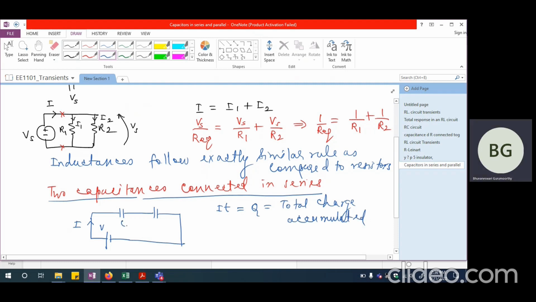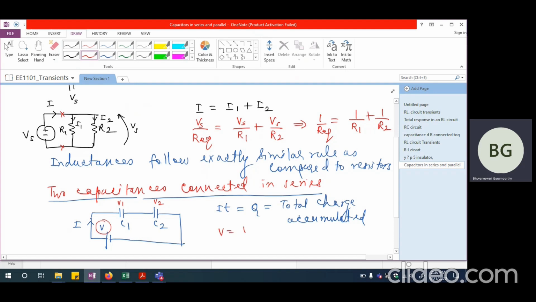Okay, let me call this C1 and this C2. These are the two capacitances that we are talking about. Now we know that whatever is the voltage across this and the voltage across this, when you sum them up, you are going to get this total voltage V.